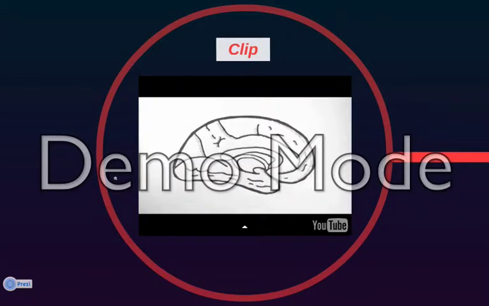So I'll start by labeling the third ventricle. That's this space in the middle, and it would be filled with cerebrospinal fluid, or CSF.